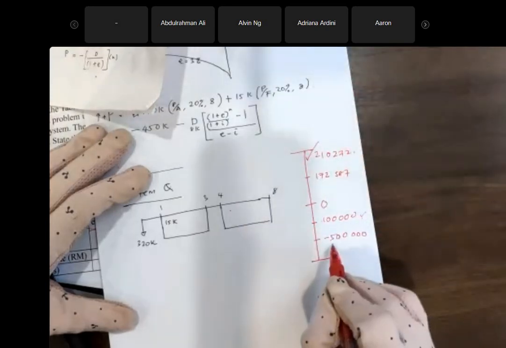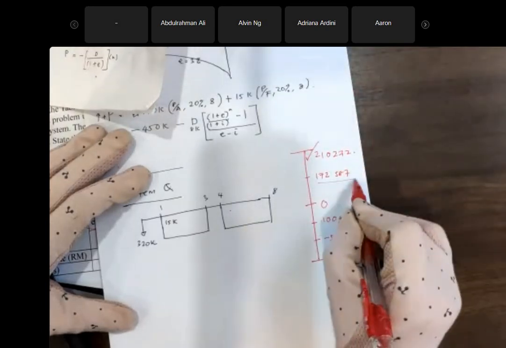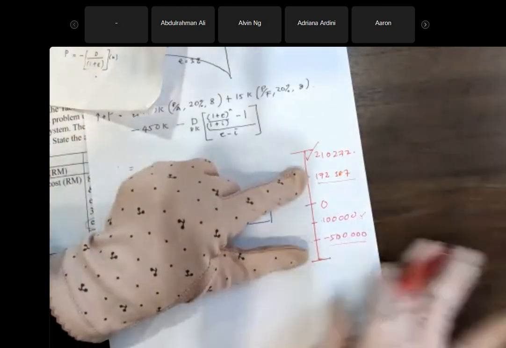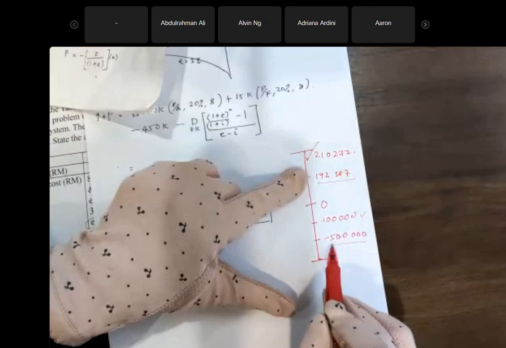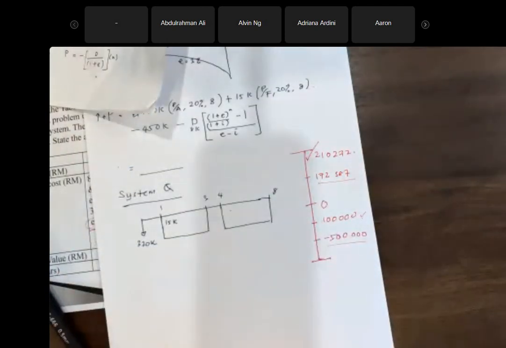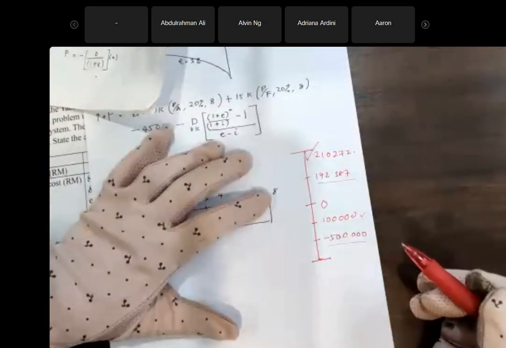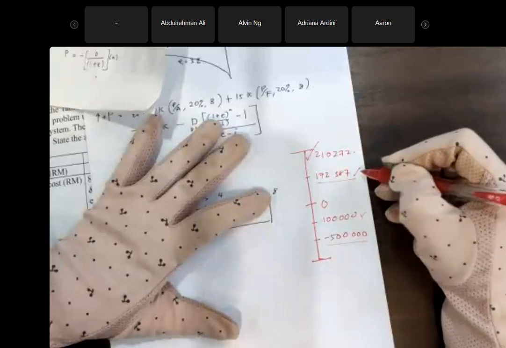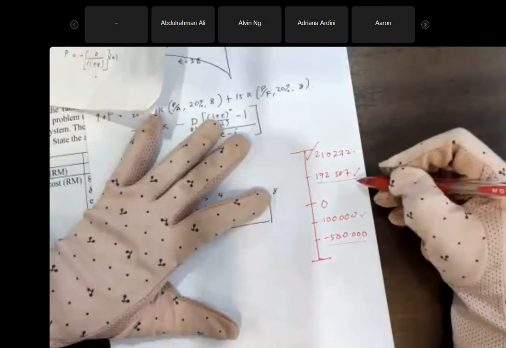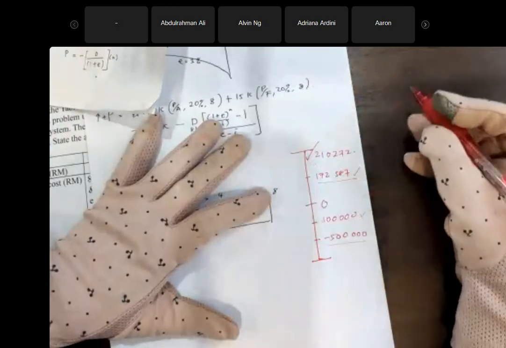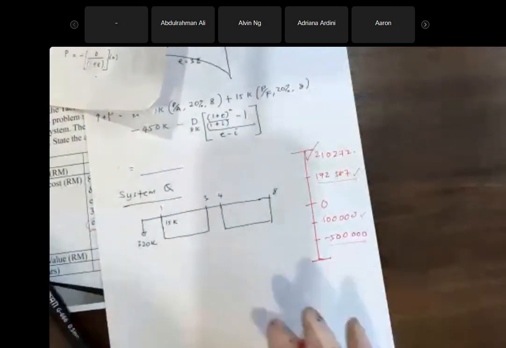Let's say 500,000 and 172. The 500,000 is a bigger number, but you still have to choose the positive one, which is the upper one. So this is how you choose the project.